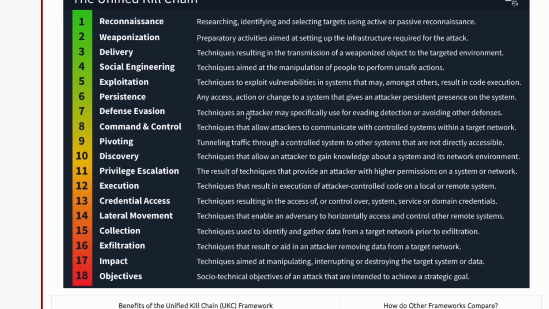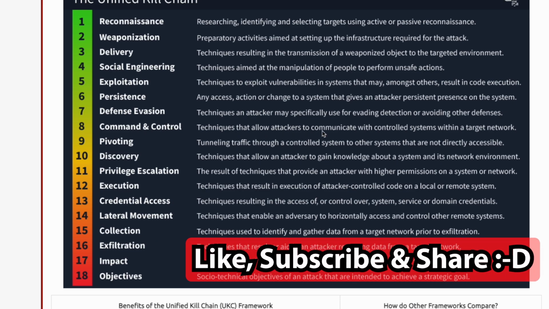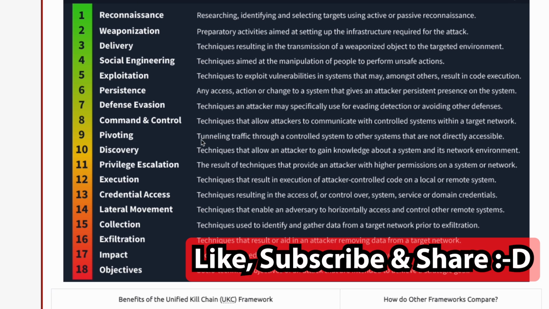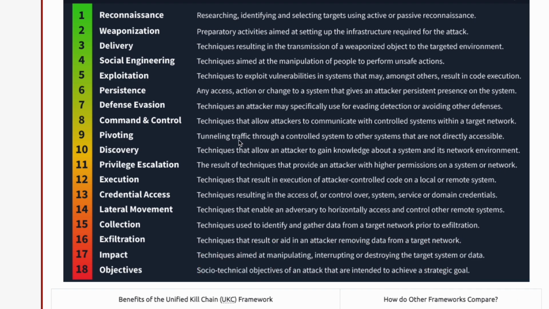Defense evasion, so you want to avoid being detected, essentially. Command and control is to communicate with controlled systems within a target network from a completely separate location. Pivoting is when you gain access and now you go through a controlled system to other systems that are not directly accessible. So you go from one system to another, you pivot from one system to another.